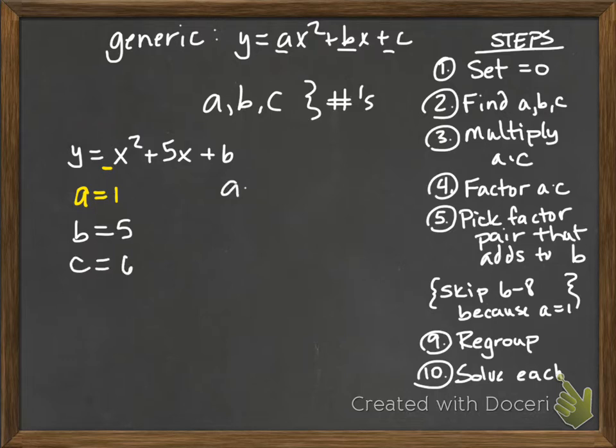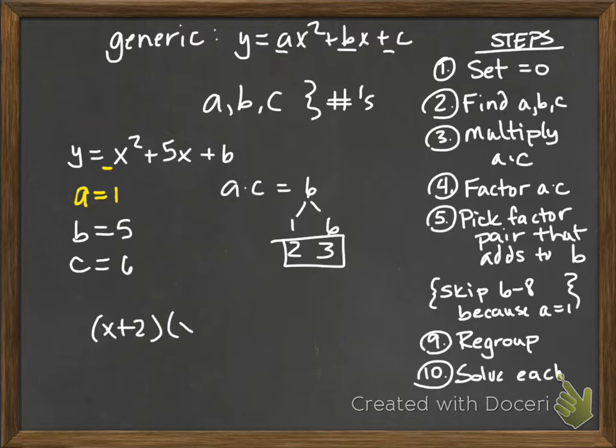We had a times c equals 6, and we figured out that our factor pair was 2 and 3. So 2 plus 3 equals 5, and our factors were x plus 2 and x plus 3. We skipped some steps because our a was 1. That's all in the last video, and you can go back and check it out if you want to.